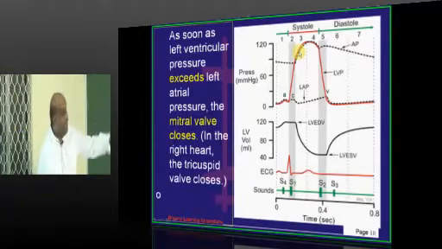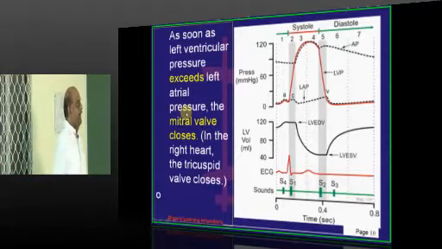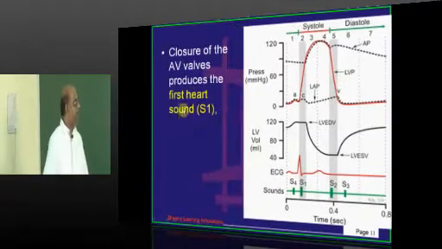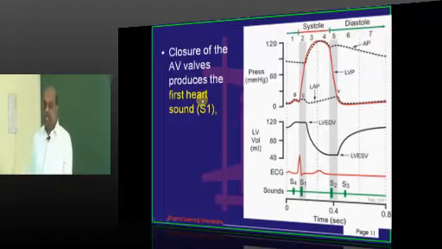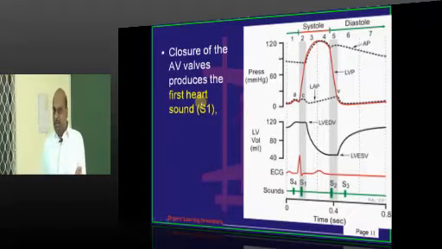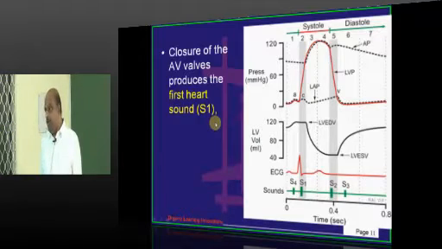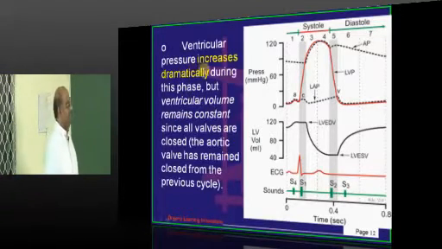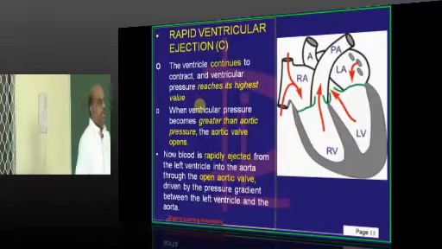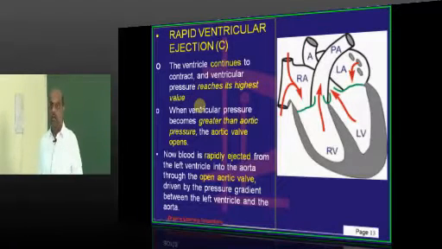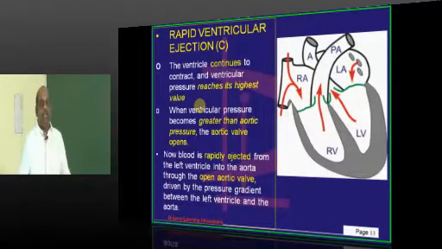You agree with me? So that is what we need to fundamentally remember. So the closure of the tricuspid valve and mitral valve lead to first heart sound, which corresponds to isovolumic ventricular contraction phase. Now then comes rapid ventricular ejection.